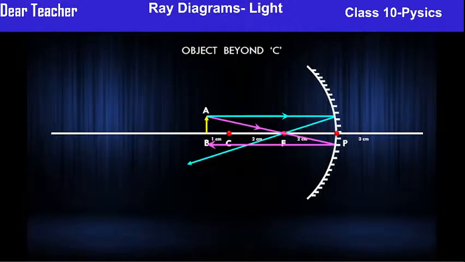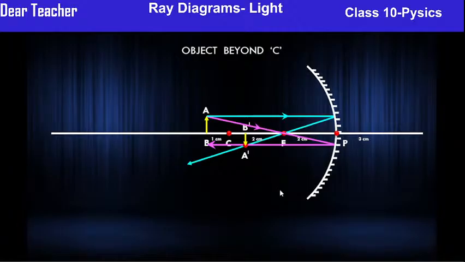So these two reflected rays, the parallel ray and the focus ray, meet at a point, and that point you have to mark as B dash A dash, the image of this AB. So now the image is formed between C and F, and it is inverted. And the size is also smaller than AB.